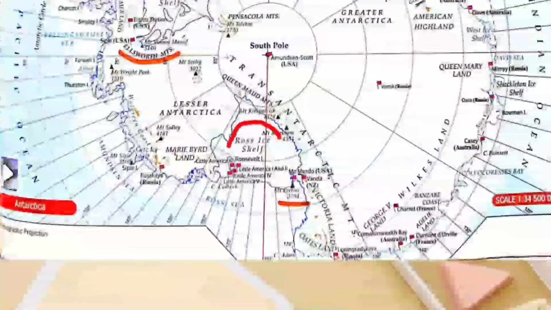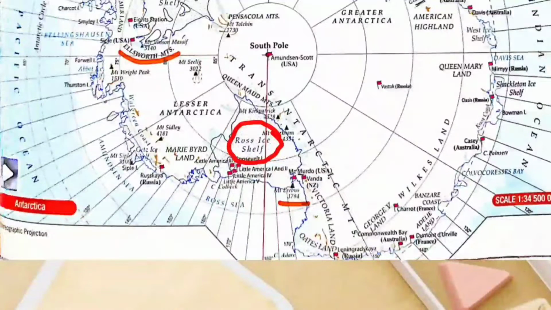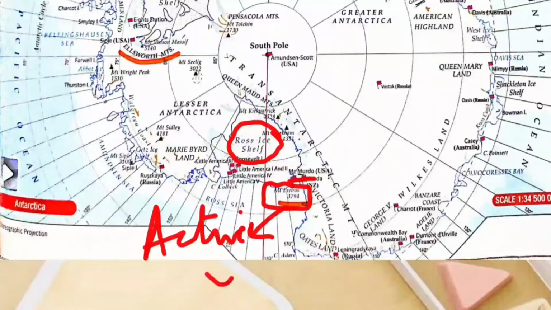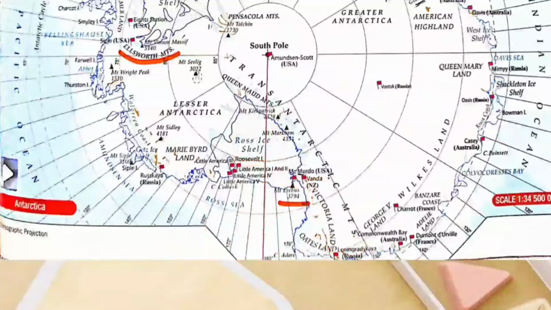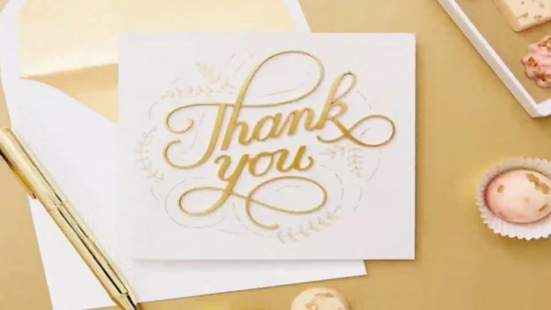Here we have the Ross Ice Shelf, the largest ice shelf, and this is McMurdo, the largest research station of Antarctica. This is Mount Erebus, the only active volcano of Antarctica. So with this, we're done with Antarctica.